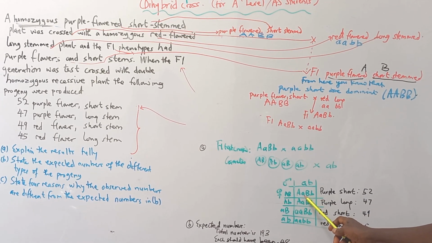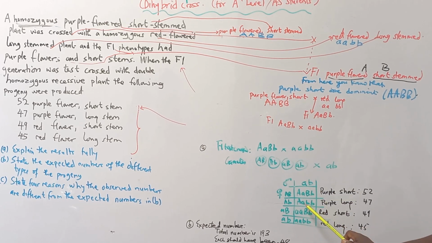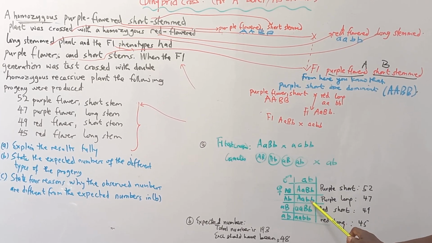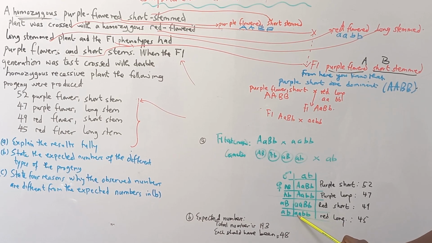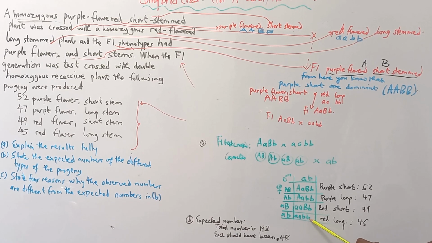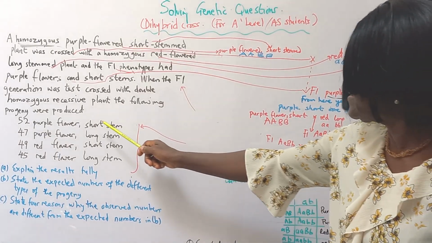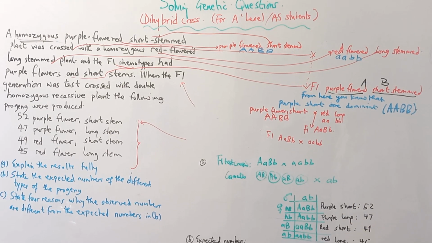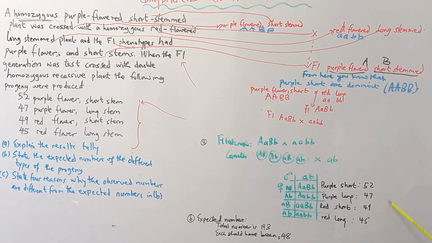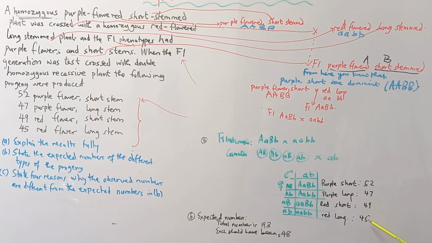This individual is purple short. This individual is purple long. This individual is red short stemmed. This individual is red long stem. And the numbers have been given here. So we brought the numbers here. This ratio is approximately 1:1:1:1.